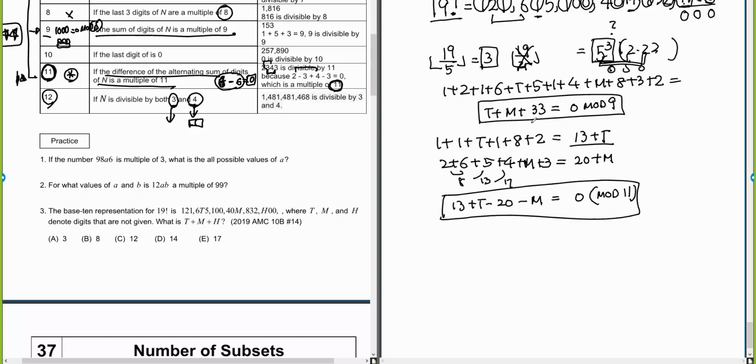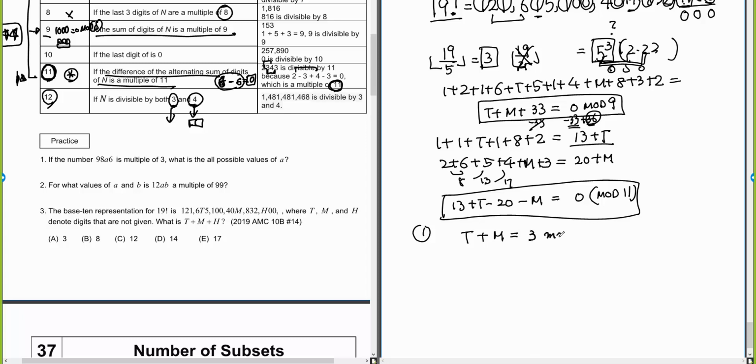Yeah. Alright, now simplify. The first one is minus 33, right? So from here, by modular operation, minus 33, you can add a multiple of 9, times 4 is 36, to make a positive remainder, the smallest number. Okay, when you add this one, we got t plus m, this number has 3 mod 9, okay?